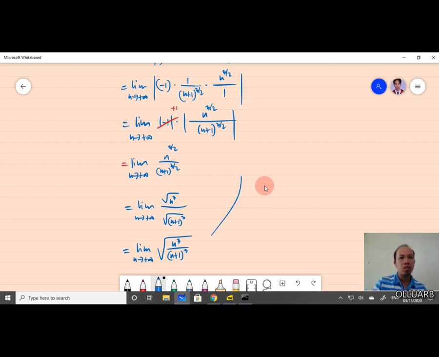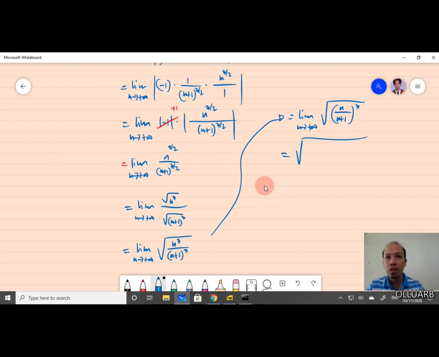And finally, I think we can write it in this form: the limit of n over n plus 1, raised to the power of 3 halves, as n approaches positive infinity.